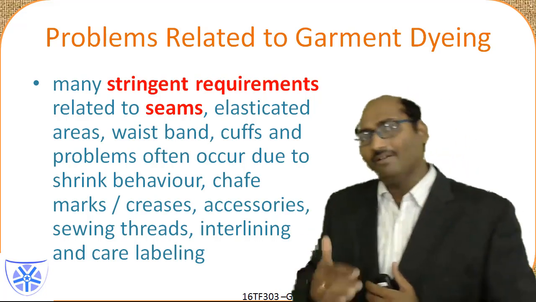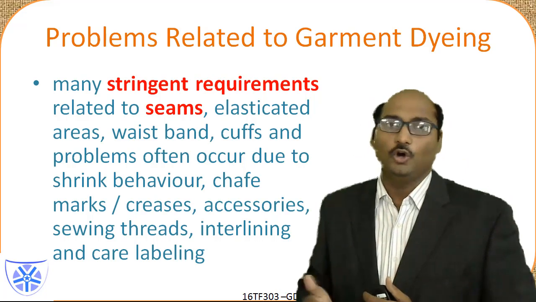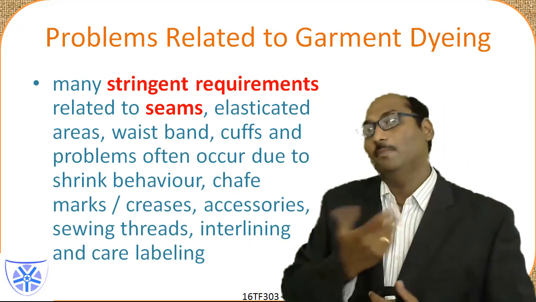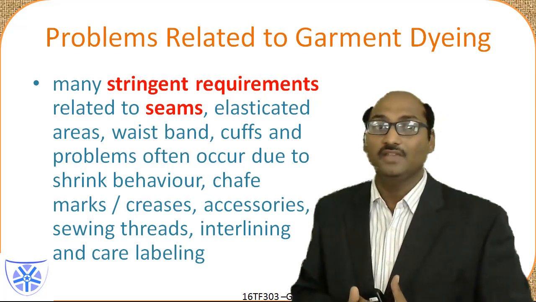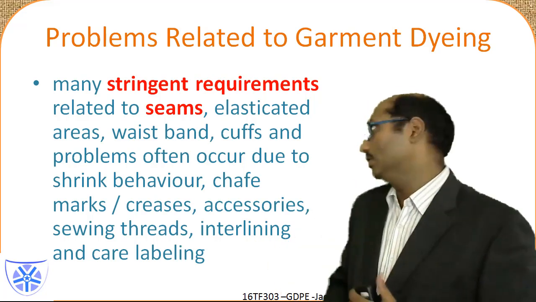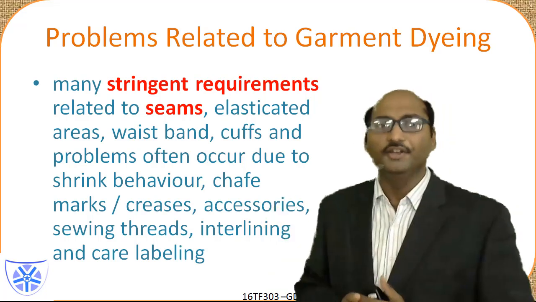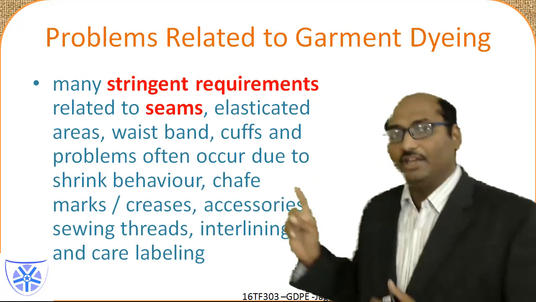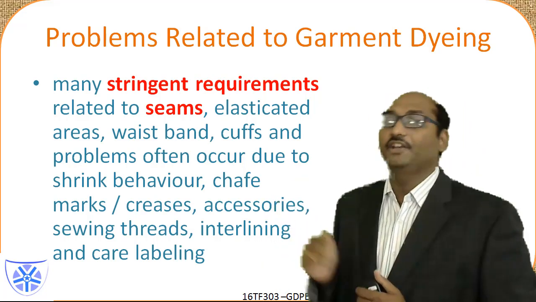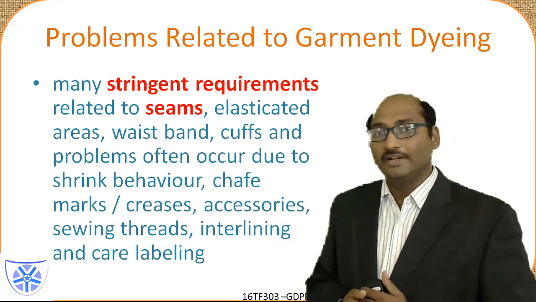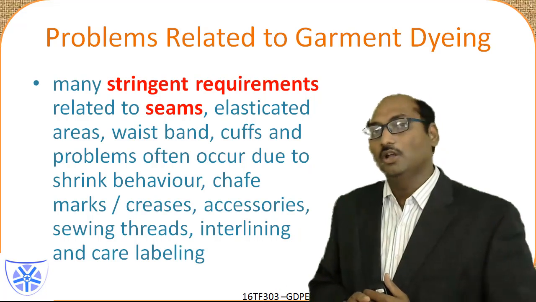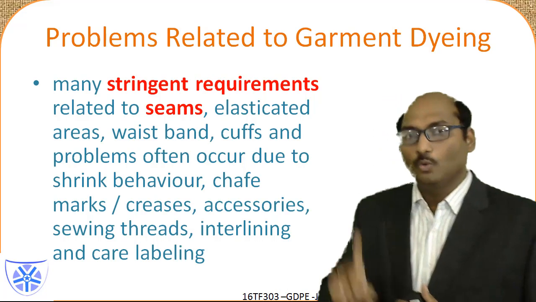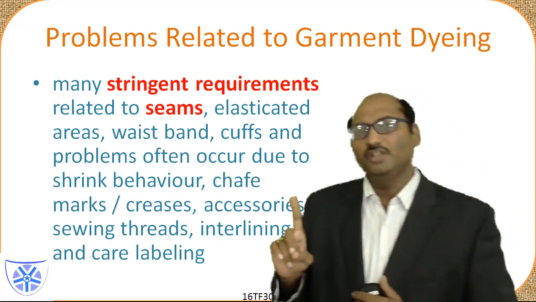And whatever the shrinkage, we need to take it into consideration. And abrasion, specifically edge abrasion, is also one of the problems. We will go into detail. Specifically, we need to take extra care wherever elasticated areas are there: waistbands, cuffs and collars will have problems due to shrink behavior and chafe marks.